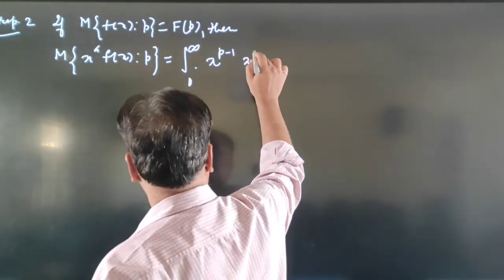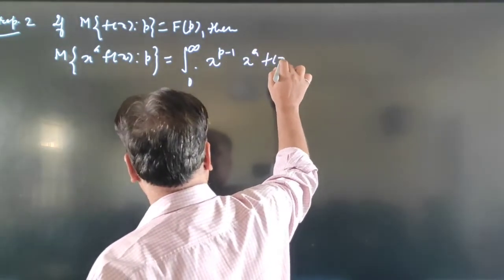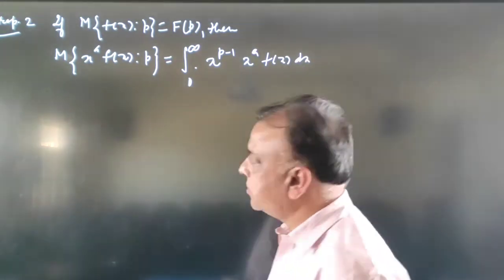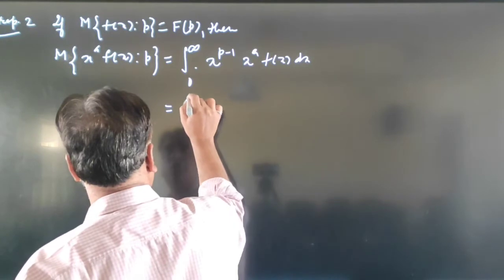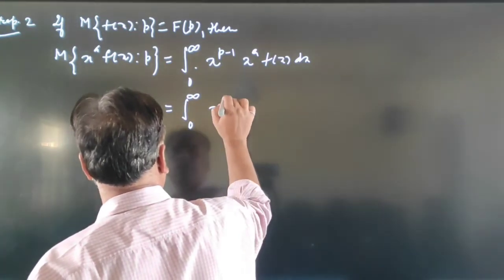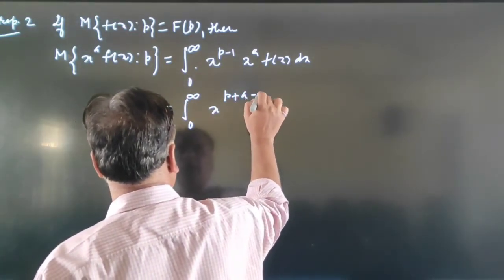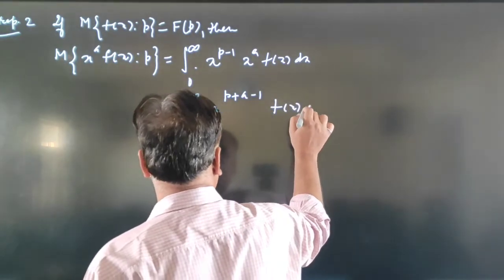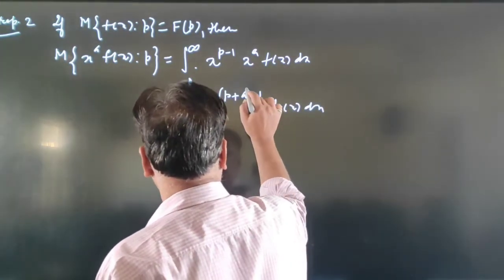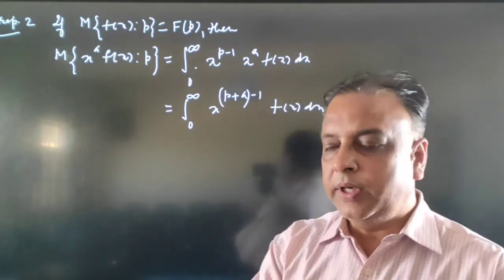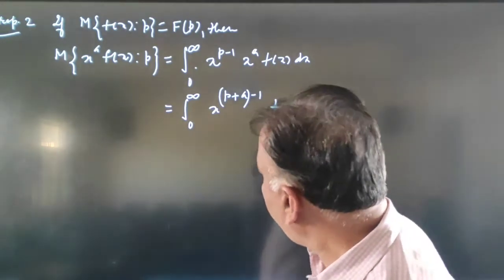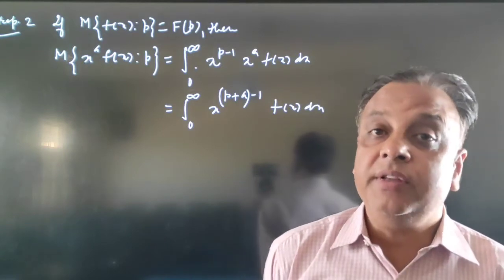Here it is given x raised to a, f(x), dx, and this can be written as the integral from 0 to infinity of x raised to p plus a minus 1, f(x) dx, and this can be written as the integral from 0 to infinity of x raised to p plus a minus 1, f(x) dx.